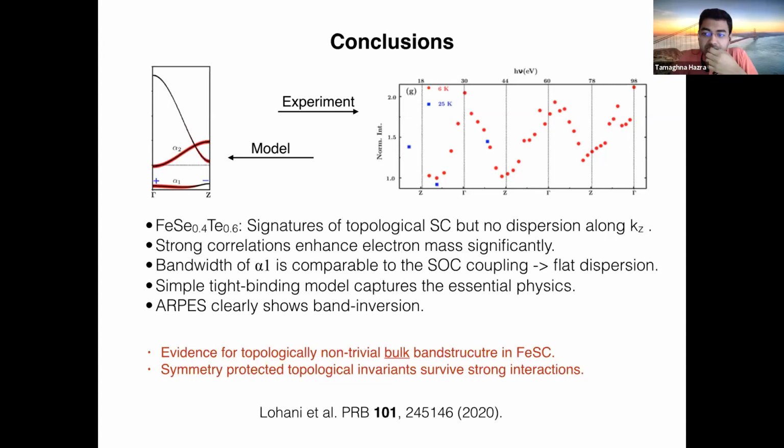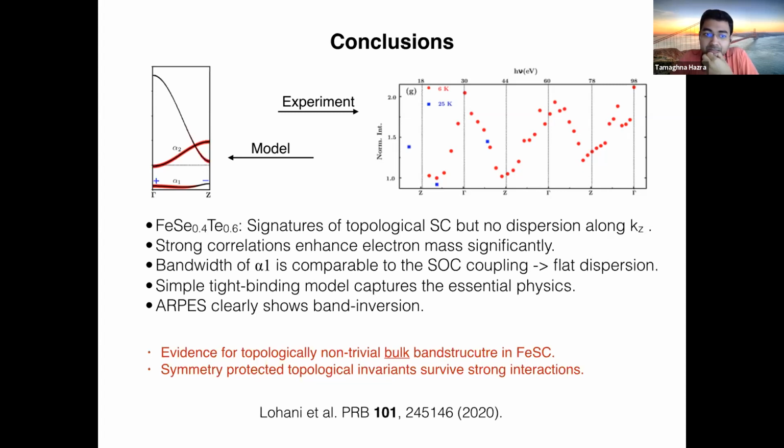I guess the question of mixing with the DXZ has to do with which orbitals are allowed to mix with the alpha 1 and the alpha 2. Now, the lower band, which is the alpha 1, can mix with PZ, but the lower band is not allowed to mix with dx square minus y square or dxz minus y square. Those two can actually mix with the upper band.